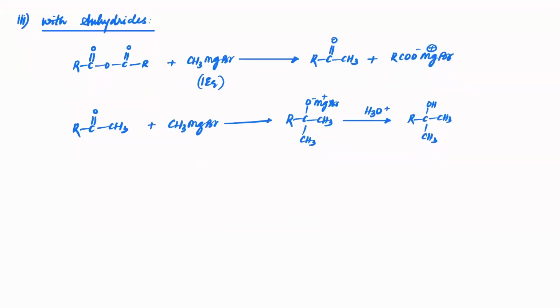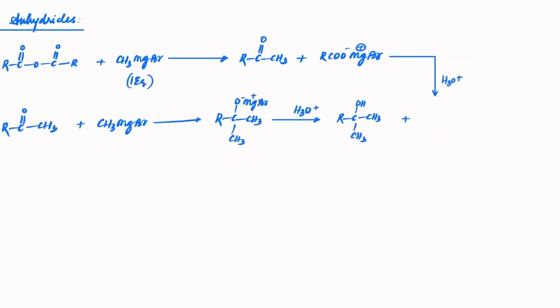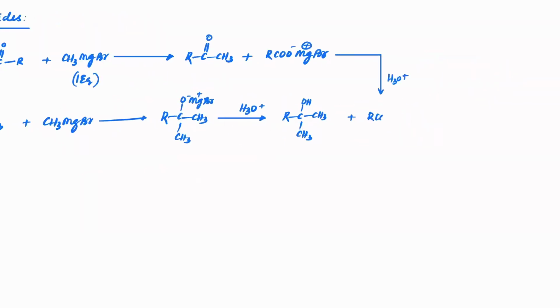So you will get this as 3-degree alcohol. Okay, but at the same time you notice that this acid form is also present, that on hydrolysis will remain as acid only. So I'll get this as RCOOH. So you will be providing these two as the products.